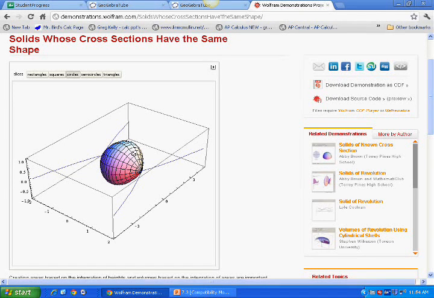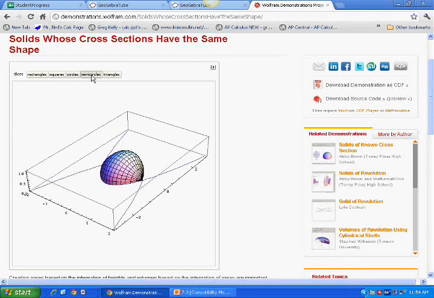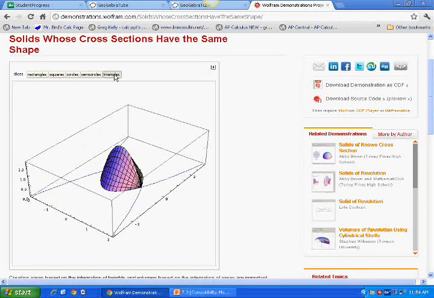So pi times the top minus the bottom, in half, squared, would be my integration formula. Semicircles, you can see, would just be pi r squared divided by 2. And then we have triangles. That looks pretty cool. Kind of looks like a helmet of some sort.